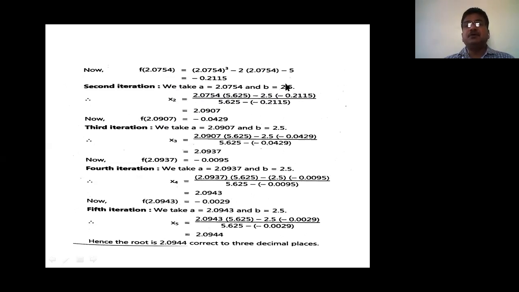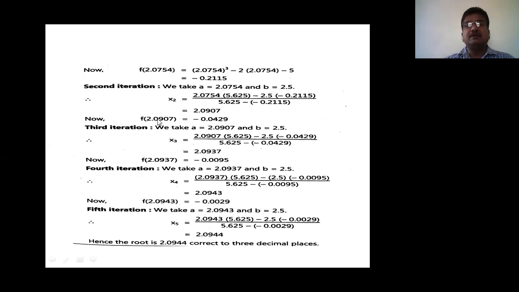So b is 2.5 because the root lies between 2.0754 and 2.5. Because at 2.0754 the value is negative, and at 2.5 the value is positive. And then this is x2.